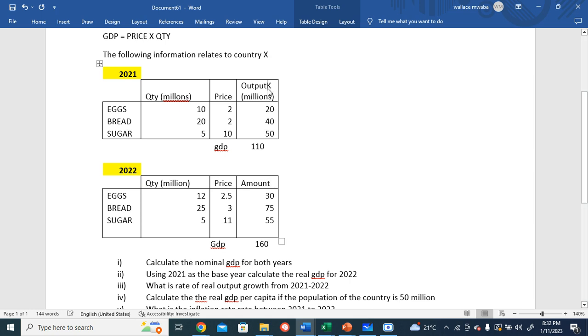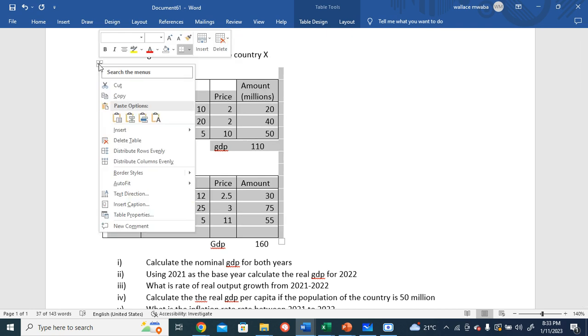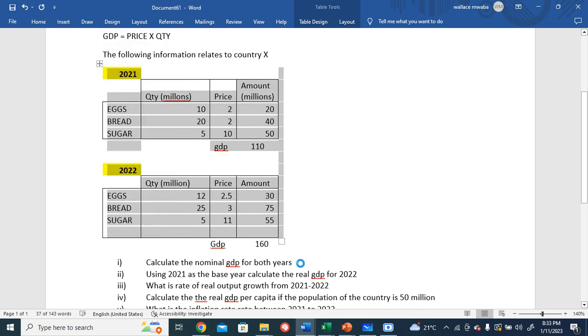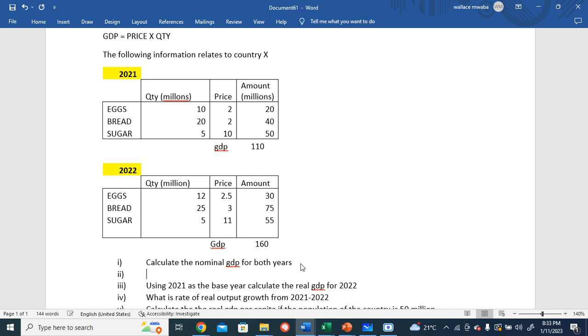Let me just put amount. So we have got our nominal GDPs for 2021 and 2022. So we've answered part A, part 1.